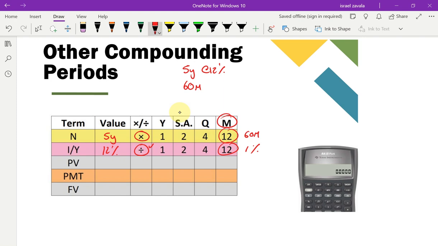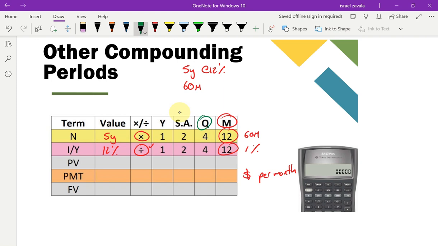Now, you know you have to make monthly payments. So the payment is actually going to be a dollar amount on a per month basis. Per month.